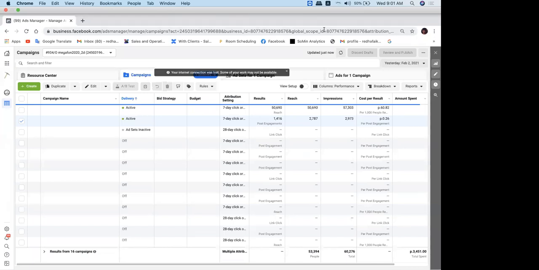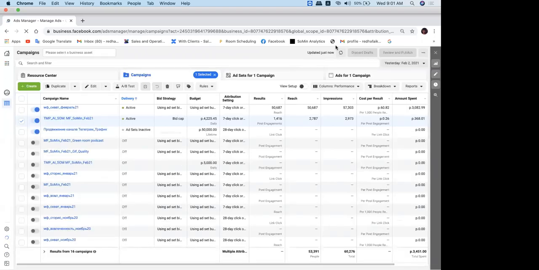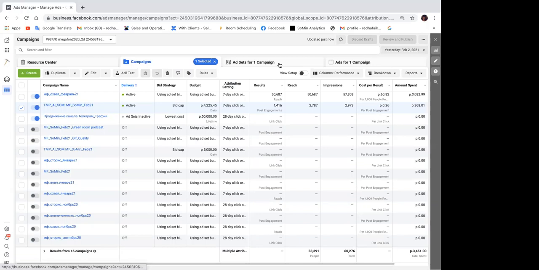Okay, it's reconnected. Okay. Oh, right. So I was right, it's your internet issue. So second lesson: never work with Facebook if you see some inconsistency. You might read the wrong data, and that will be a reason for wrong actions. So you can see for yesterday, you have spent 368 rubles at 0.26 rubles per person engagement.